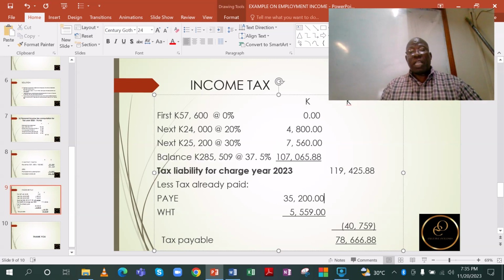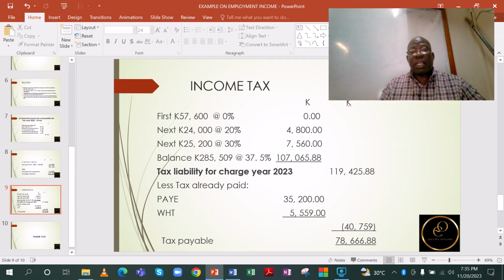Now this is what is supposed to be paid by Trump for the charge year 2023. But take note that during the year, Trump was getting a salary, paying income tax on the basis of pay as you earn, which accumulated to 35,200.